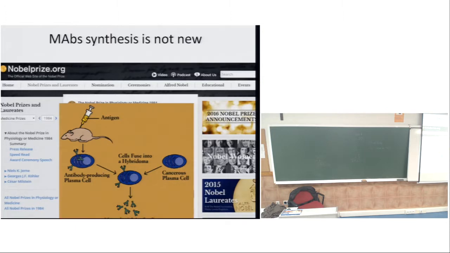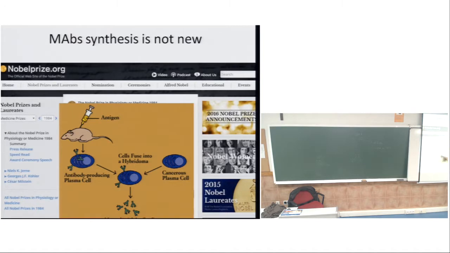Okay? So what I should do is to take this protein, human protein, because we want to treat a human being, a patient. We use this protein and we inject it into a mouse, a rat, a goat, a rabbit, an animal. This animal will react against this protein by synthesizing antibodies.